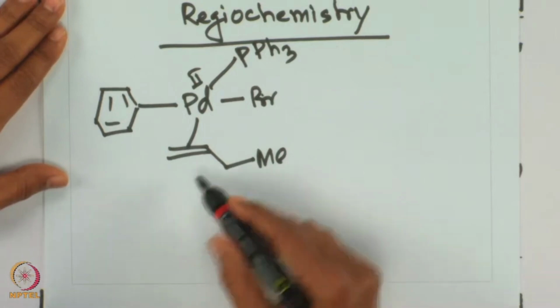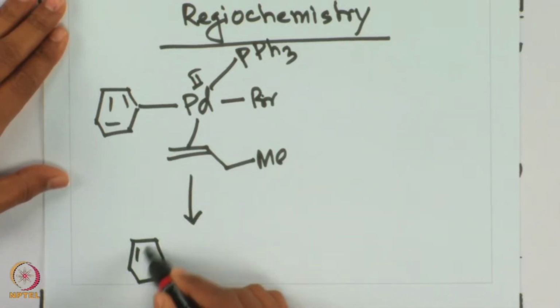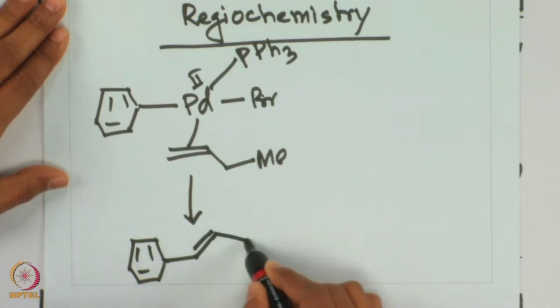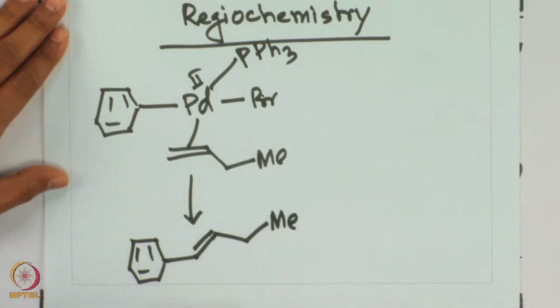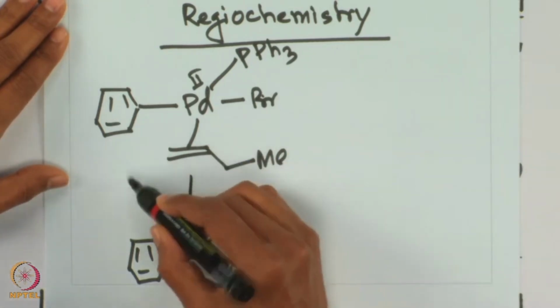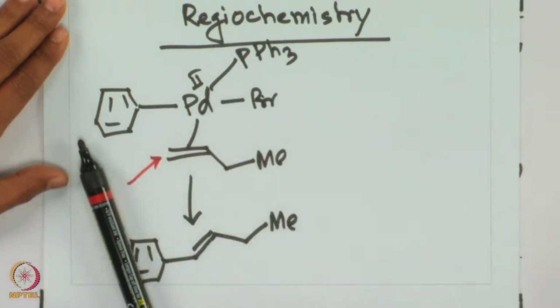From here on, the product formation that gives the right chemistry for these cases is this one, right. So, the less substituted carbon center is getting substituted, as you can see.